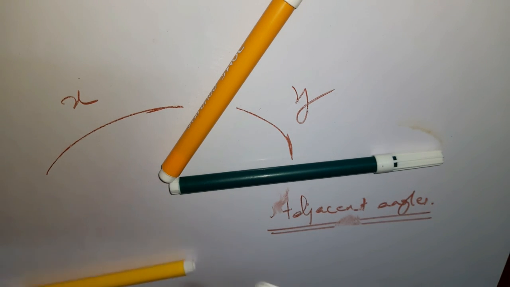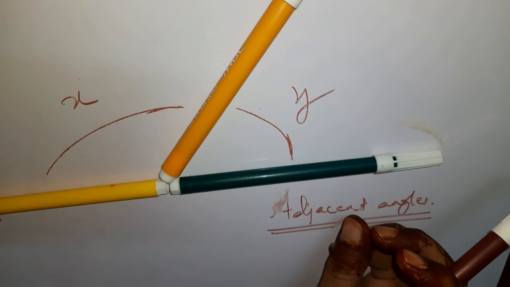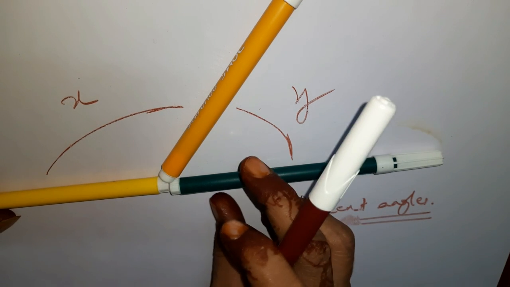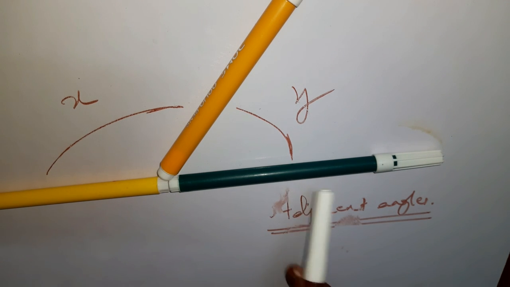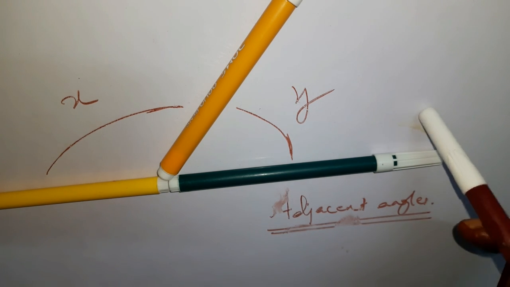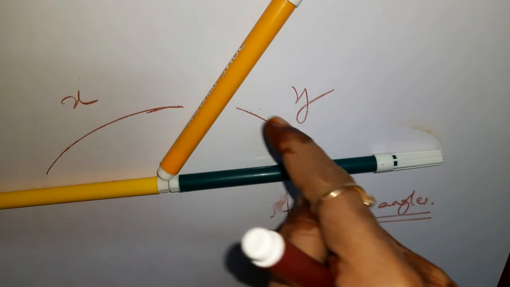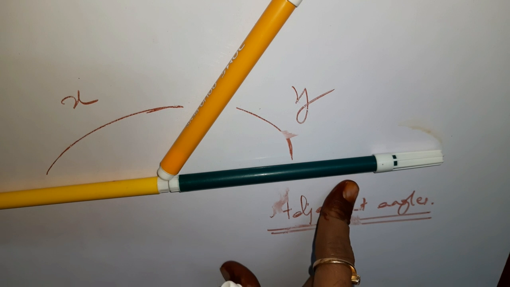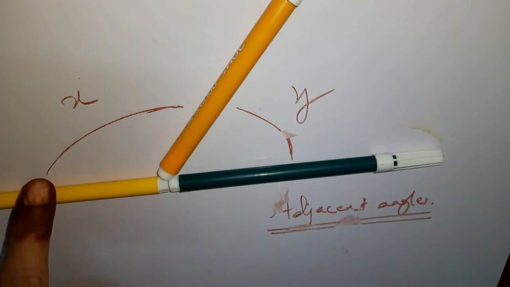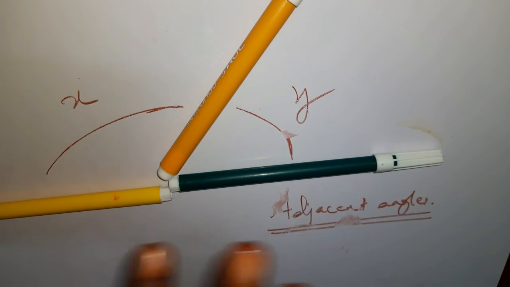You can see that when we have chosen this angle Y, and we have increased this angle from this position to this position, again you are getting the same pair of adjacent angles.